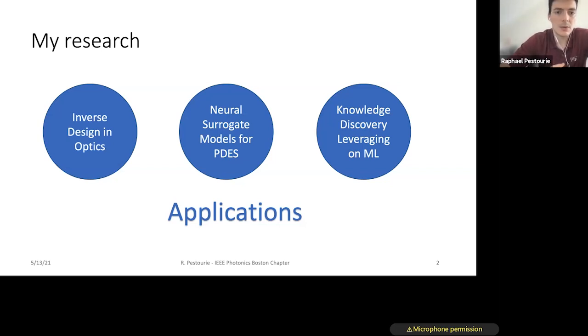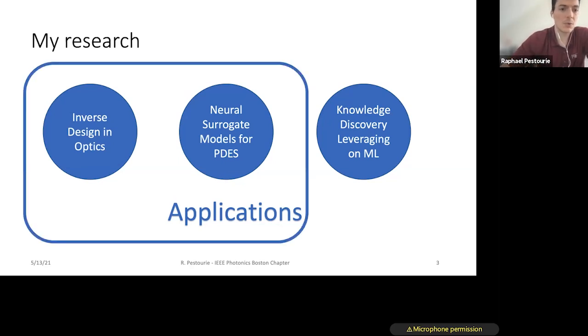To that extent, I've worked on neural surrogate models for PDEs, and I'm very interested in knowledge discovery leveraging machine learning. In everything I do, I'm very interested in real-world applications. Today I'm going to focus on inverse design in optics, neural surrogates, and of course a lot of applications.